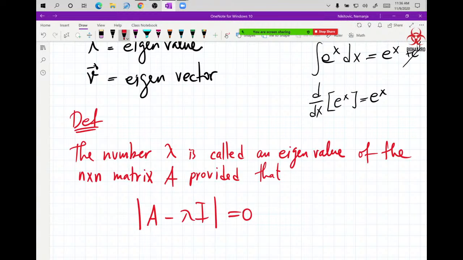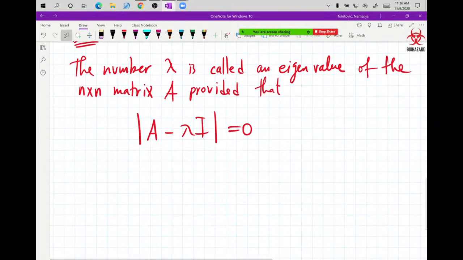So this is the way to find the eigenvalues, and once you have the eigenvalue, then you can find an eigenvector.